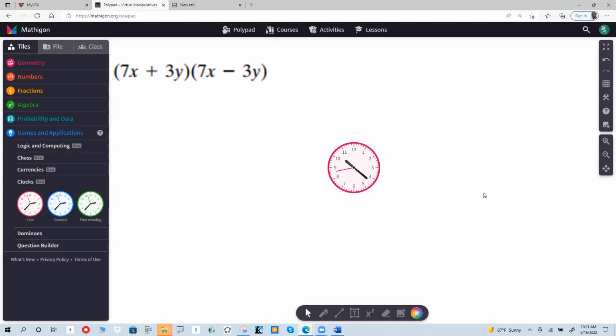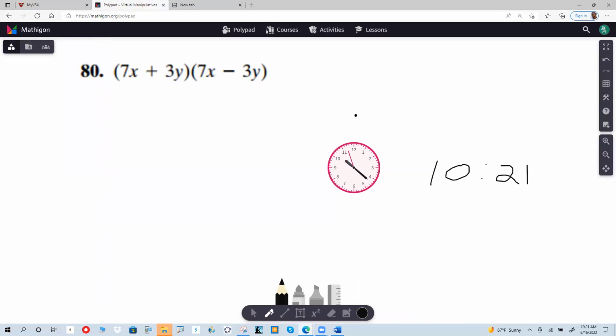And it says it's 10:20. I'll give you a good 3 minutes to try this by hand and then report.